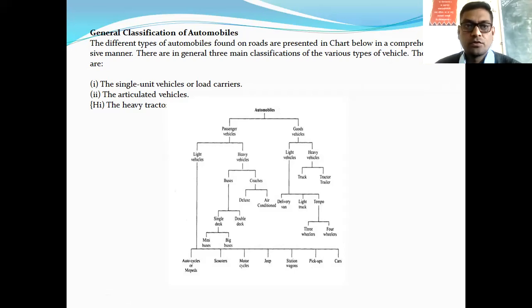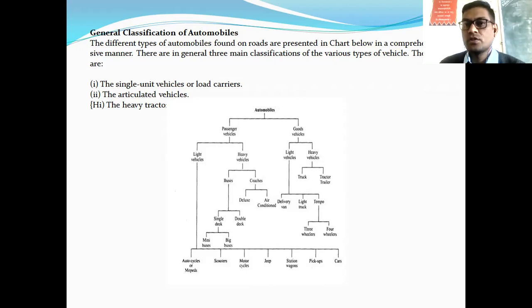But before coming to the chart, let us know that automobiles are generally classified into three main categories: single unit vehicles or load carriers, then articulated vehicles, and the third one is heavy tractor.